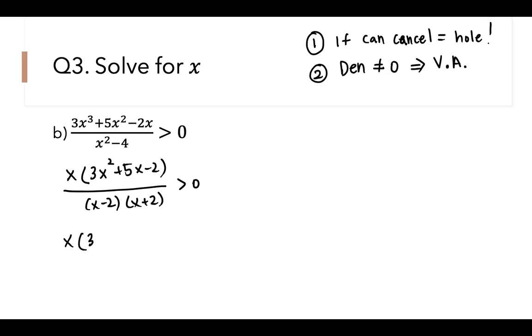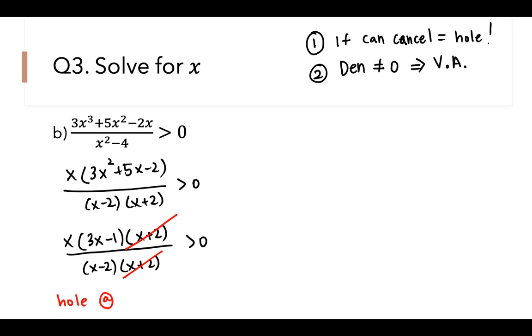So it's going to be 3x minus 1, x plus 2, and then x minus 2, x plus 2, greater than 0. Now, do you notice that I could cancel anything, numerator and denominator? Yes, I have x plus 2 and x plus 2. So we know that there is going to be a hole at x equal to negative 2.